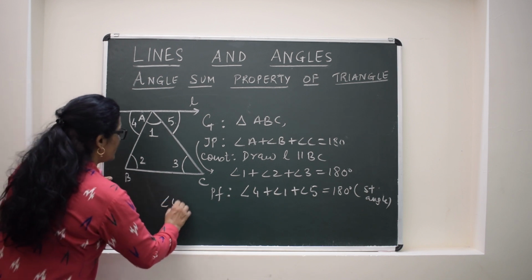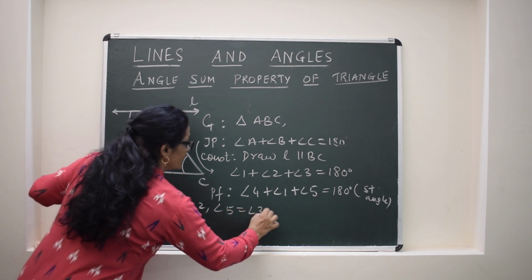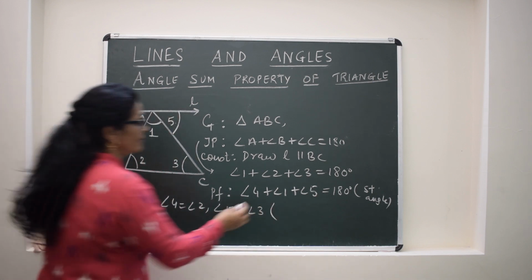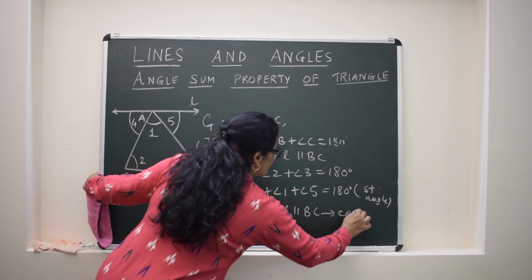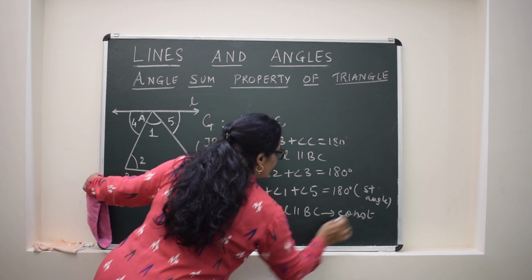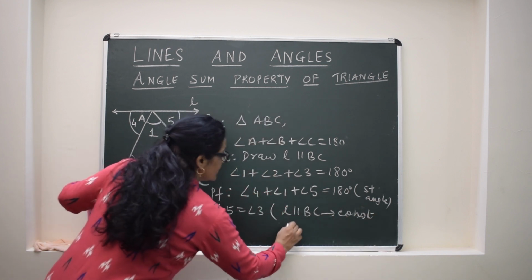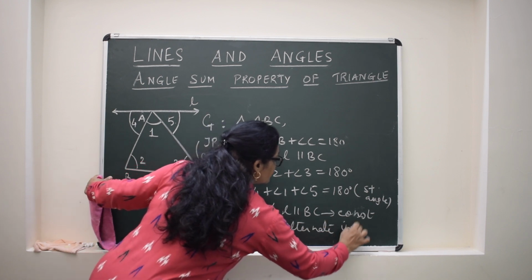So angle 4 is equal to angle 2 and angle 5 is equal to angle 3. We will write the reason that L is parallel to BC, that is by construction, and here we will write these angles are alternate interior angles.